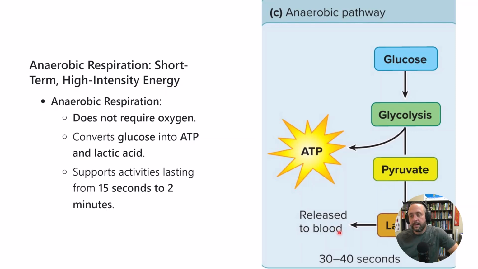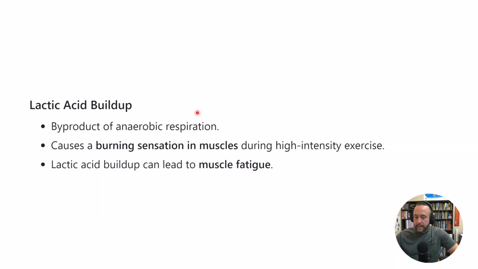But in the no O2 or anaerobic environment, it's going to stay and hang out and build up. And when that happens for too long, if I were to hold this book up forever, my muscle would start to burn. And that burning is directly caused by the lactic acid buildup. And so too much lactic acid, the muscle quits working. That's one thing that leads to fatigue, other than a few other things we'll mention in a second.